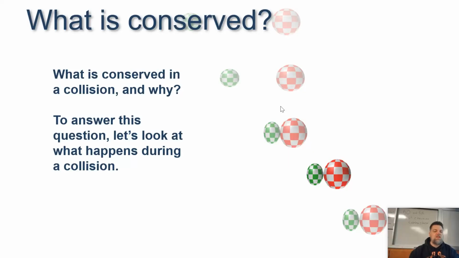So write this question down. What is conserved in a collision and why? We want to know what is conserved in a collision and why.